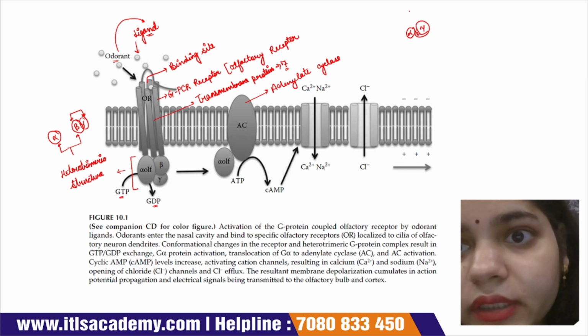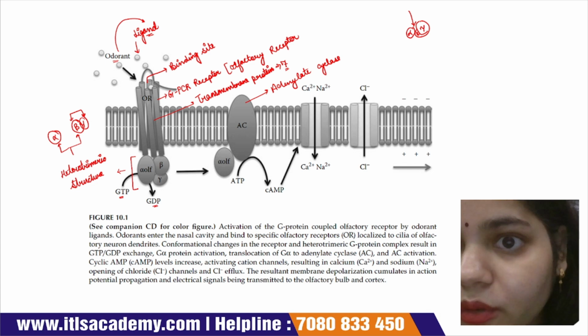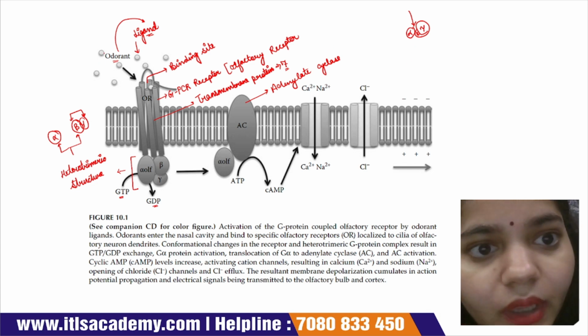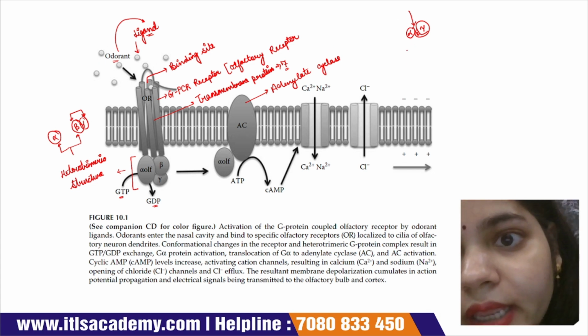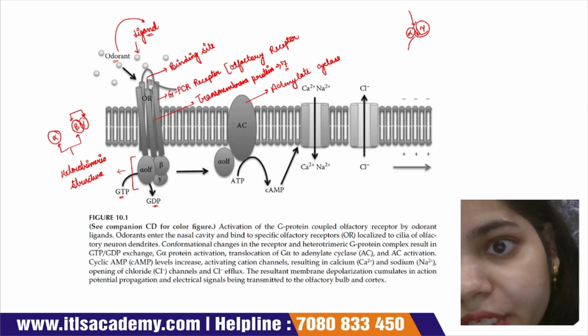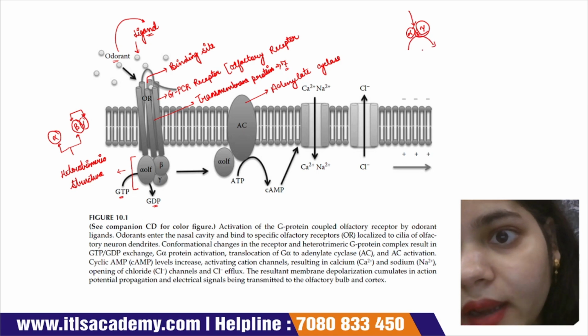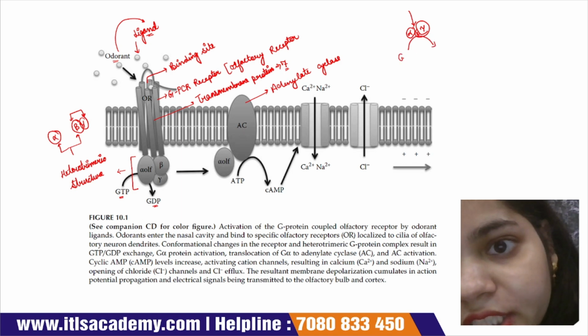Now when the ligand binds to this receptor, some conformational changes or reactions occur. In this process, the GTP is converted into GDP.